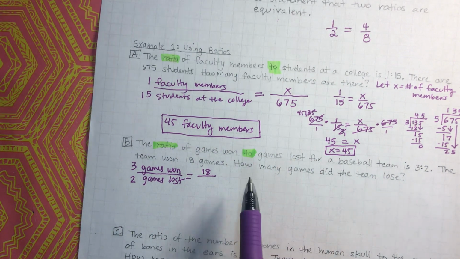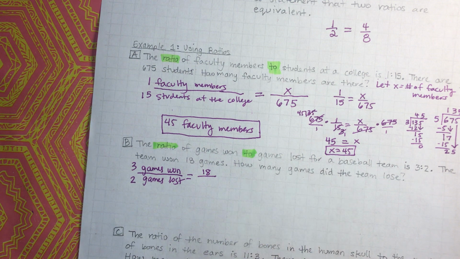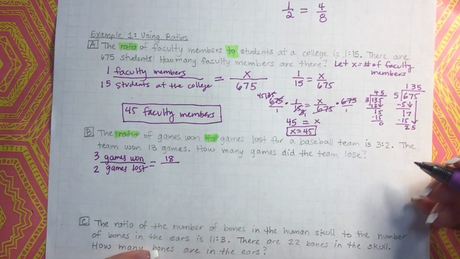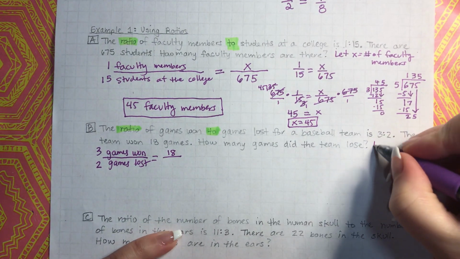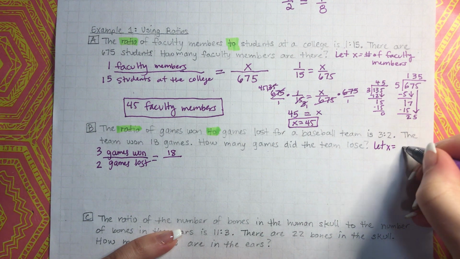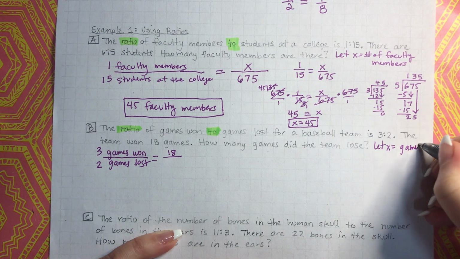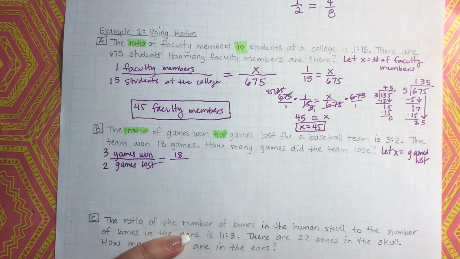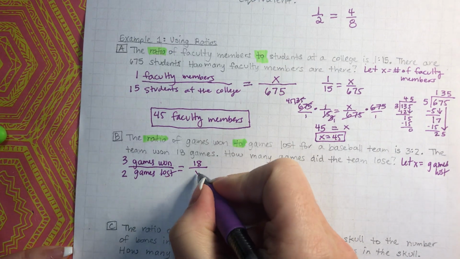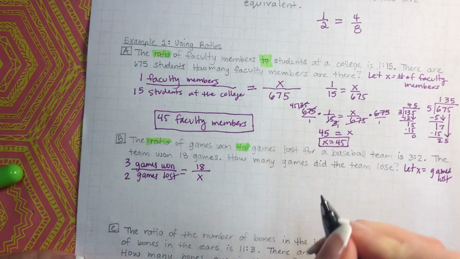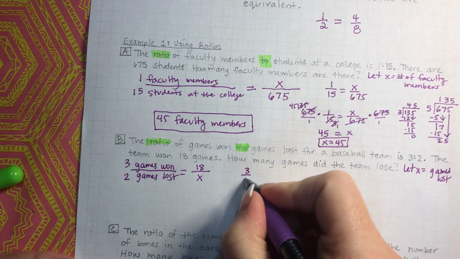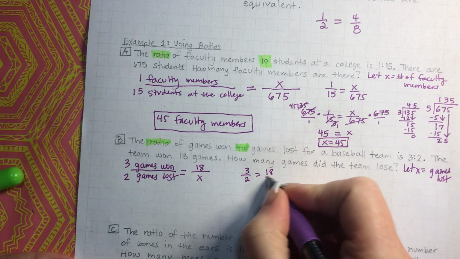And then it wants to know, how many games did the team lose? Well, we don't know that. That's what we have to figure out. So I'm going to let that be my variable. Let x equal games lost. Okay, so I'm going to put x down here. So now I have my proportion, which is 3 over 2 equals 18 over x.